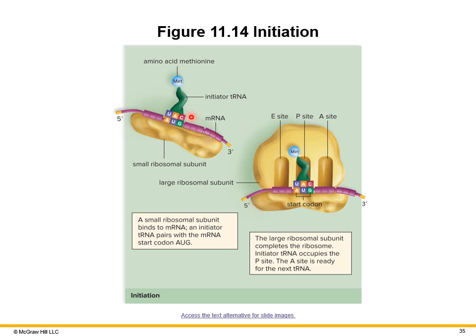Notice also that the initiator tRNA with the complementary anticodon to the start codon is going to bind to the mRNA with our start amino acid methionine. And also notice after the large subunit binds to the small subunit, the initiator tRNA is at the P site.